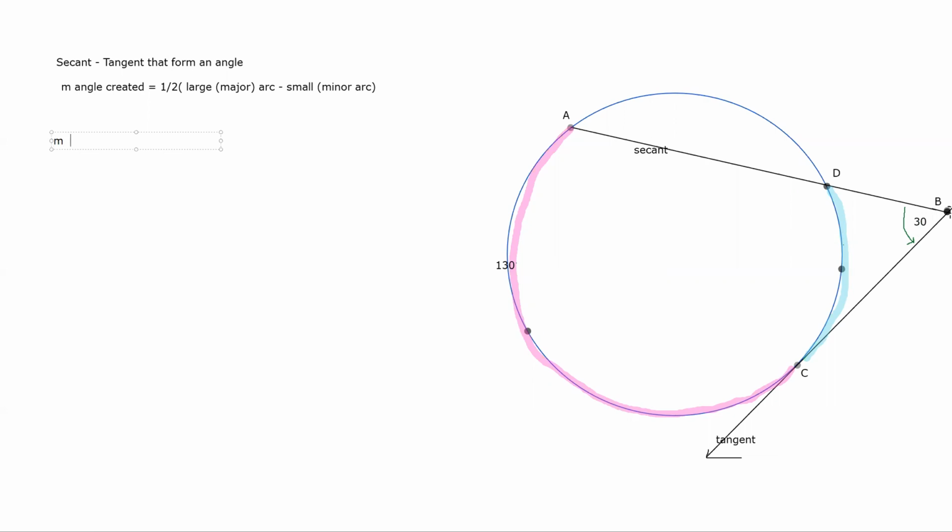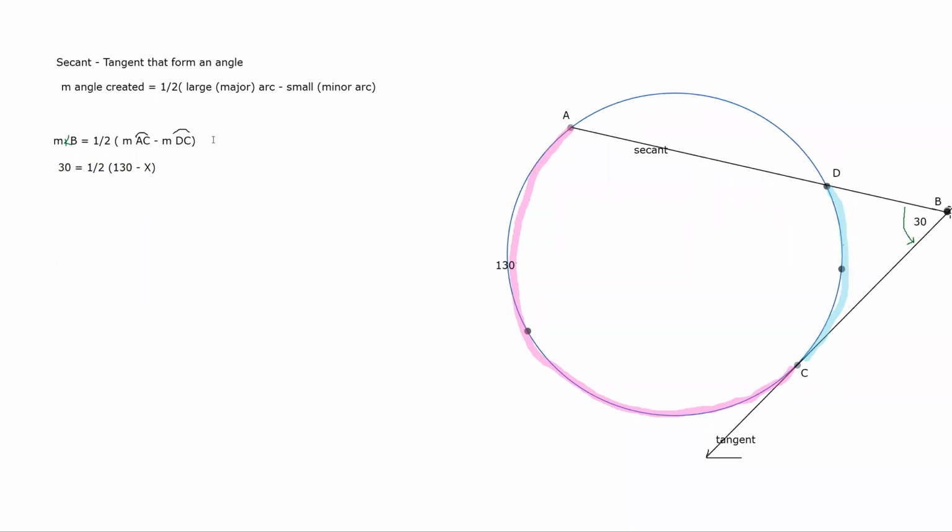The measure of angle B equals 1/2 the measure of arc AC minus the measure of arc DC. So the measure of angle B, we know 30, equals 1/2 AC, we know, is 130 minus X.